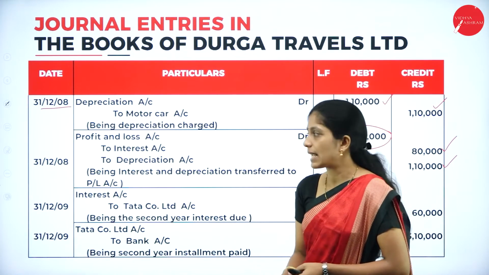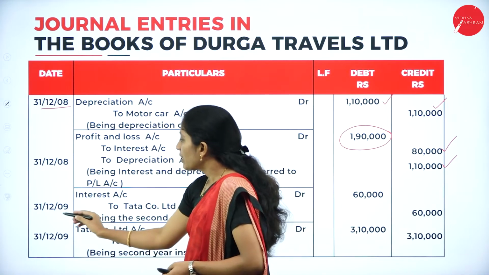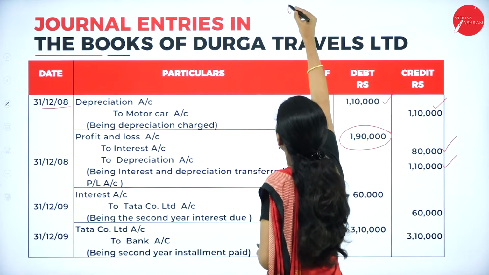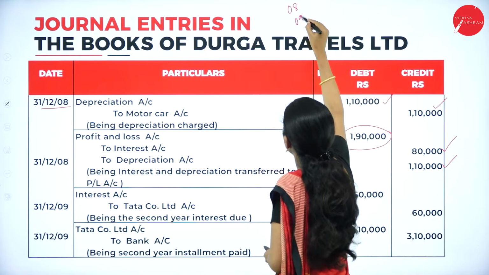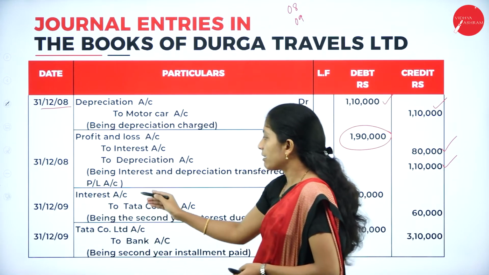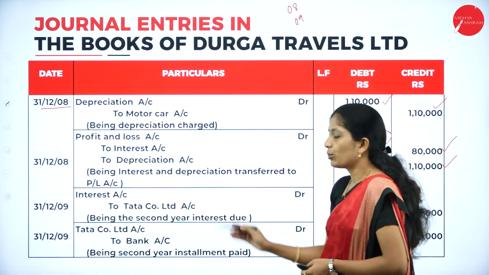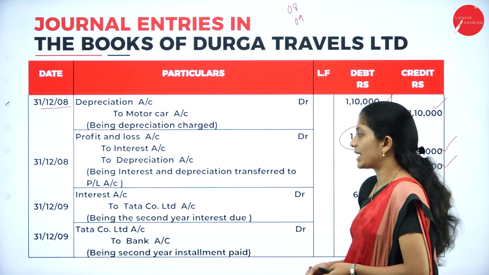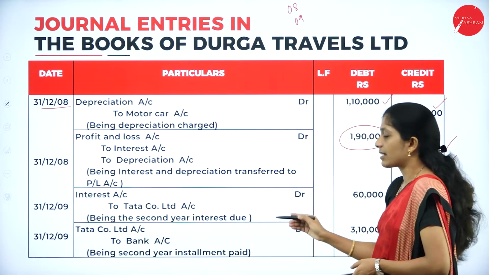Your entry remains the same. So first year is 2008, second year is 2009. So at the end of the second year, 31/12/2009, for interest due, interest account debit to hire seller account, that is Tata Company Limited account, being the second year interest due.